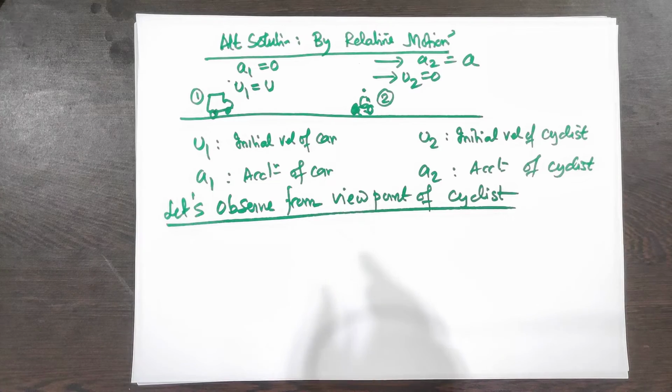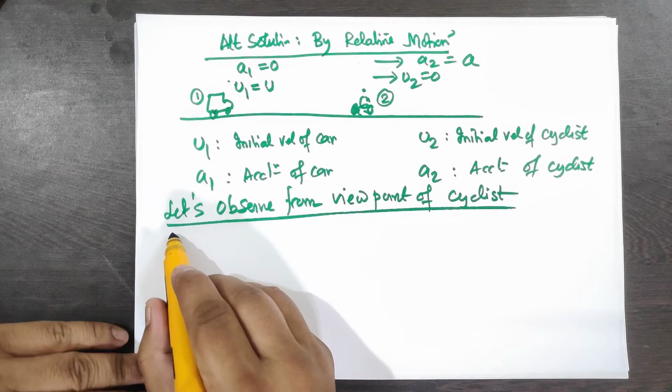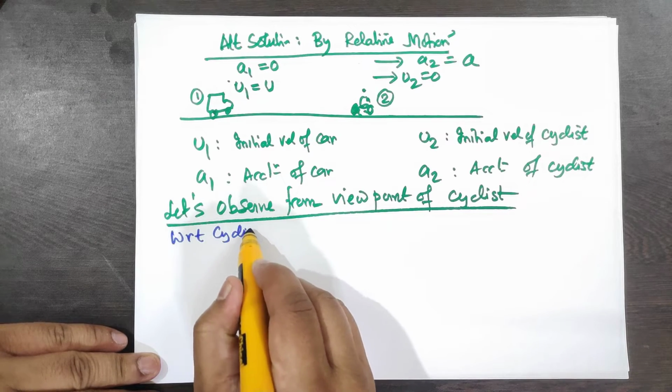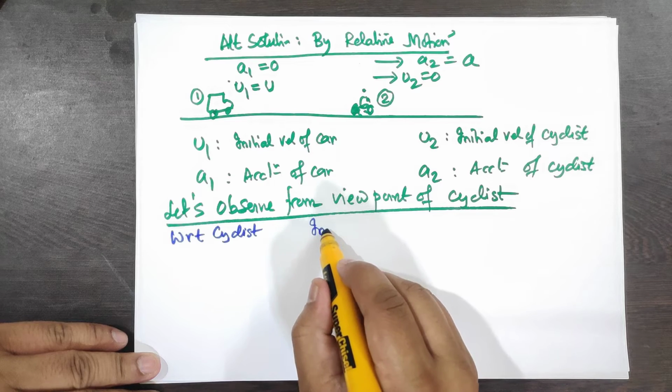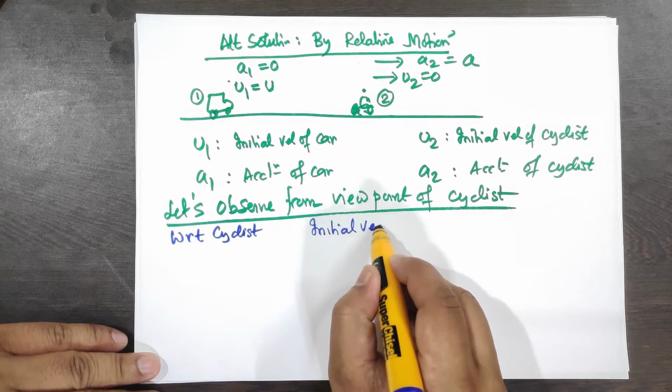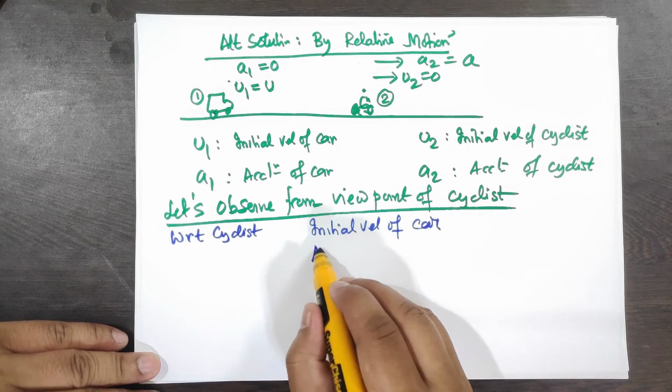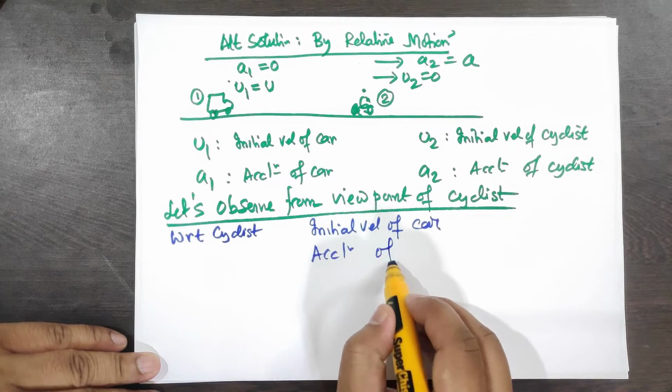Now all is with respect to the cyclist: the initial velocity of the car and the acceleration of the car.